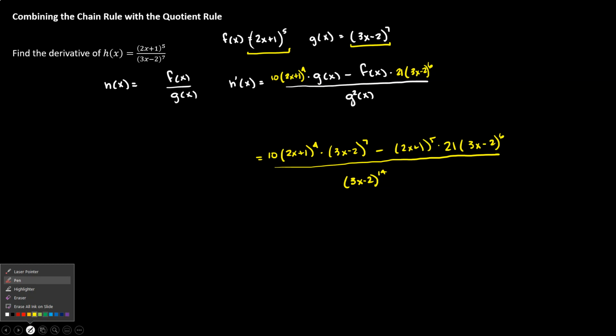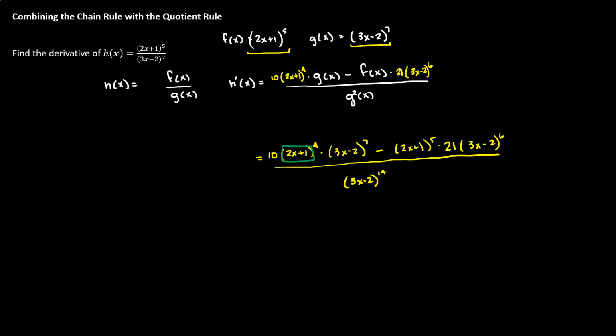We want to factor the best we can. I can see that in the numerator I have two terms, and both terms have some common factors. They both have 2x plus 1, and they have 4 of them at least in common. I also can see that those two terms in the numerator have a common factor of 3x minus 2. We have 7 in the first term, 6 in the second, so I know that they both have at least 6 in common.